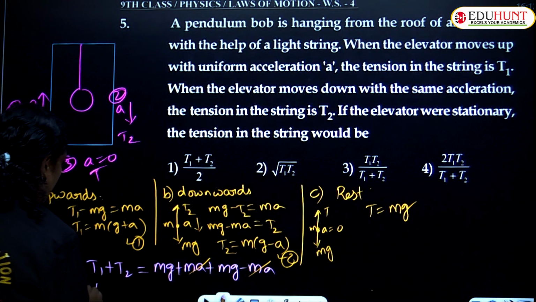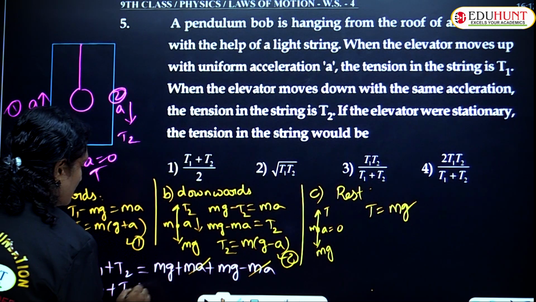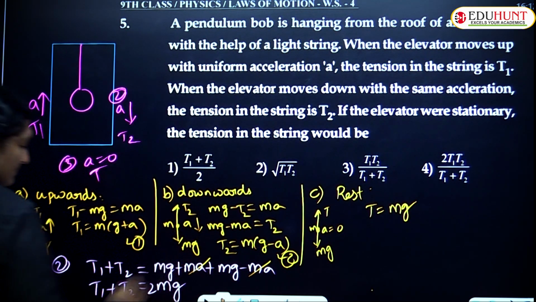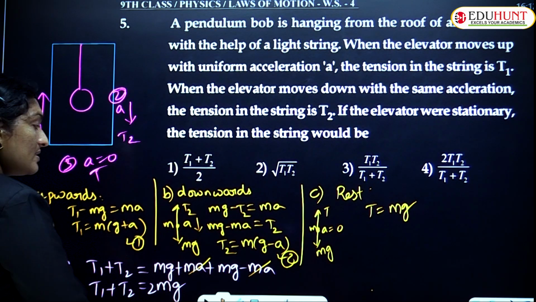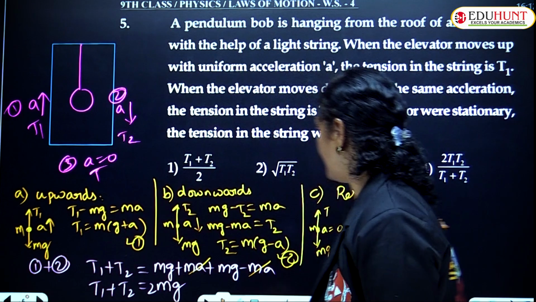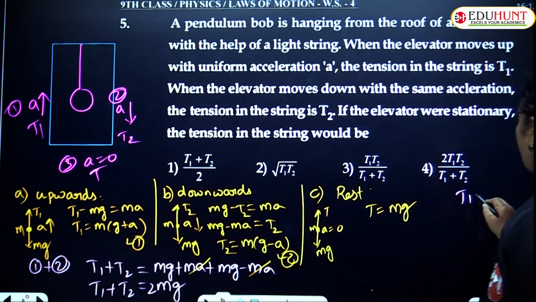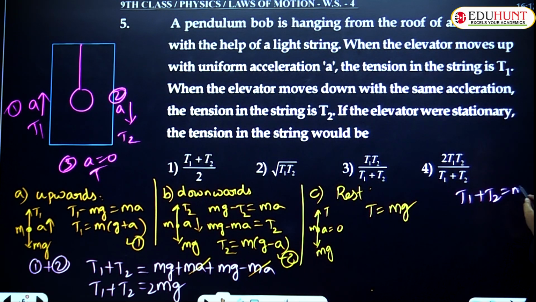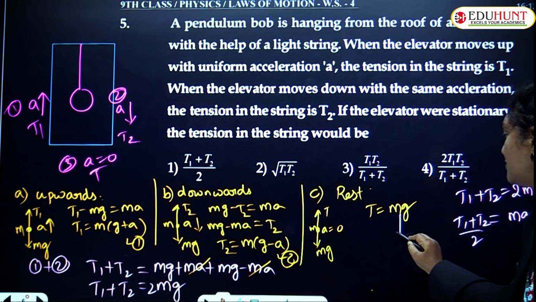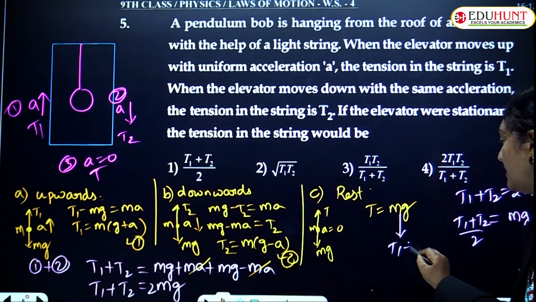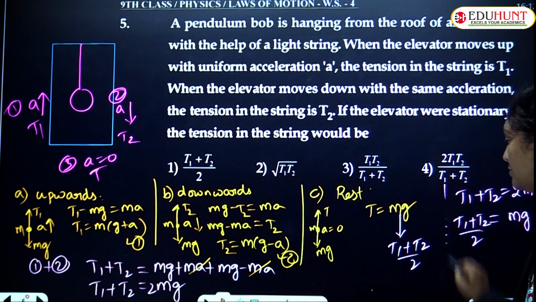Therefore T1 plus T2 equals 2mg. If T1 plus T2 equals 2mg, then what is the value of mg, children? mg will be equal to T1 plus T2 by 2.